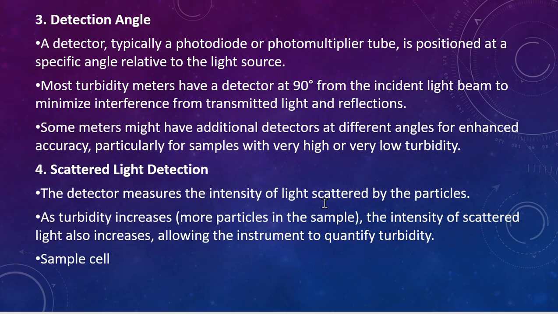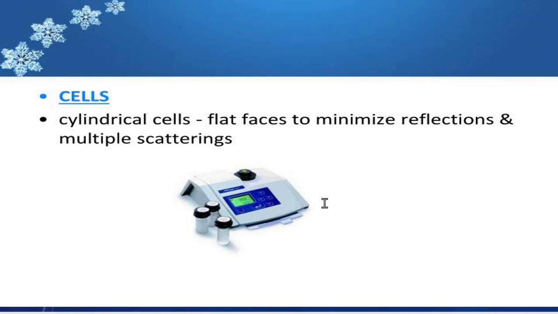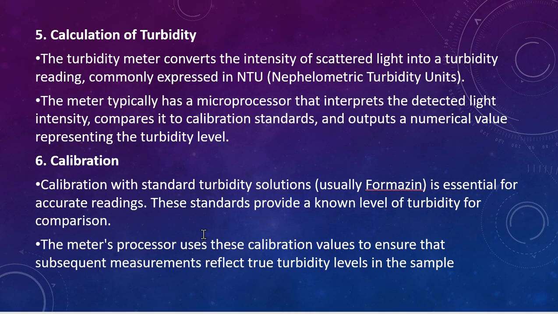For holding the sample, we have a sample cell, which is shown in the figure. They are cylindrical in shape with flat faces to minimize reflection and multiple scattering. For the calculation of turbidity, the turbidity meter converts the intensity of the scattered light into a turbidity reading, commonly expressed in NTU.